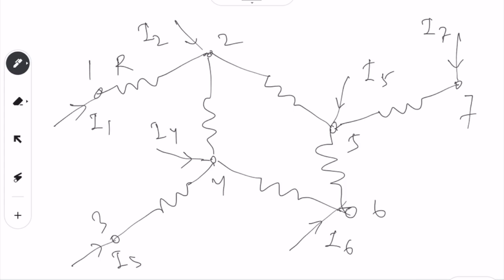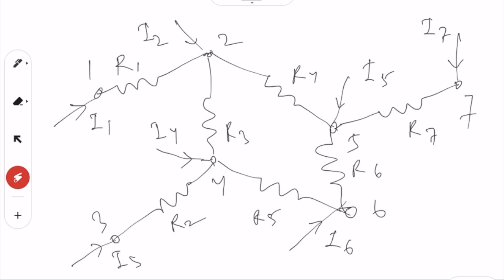Now resistances also, let us say this element number 1 is R1, you can say this is R2, this is R3, R4, R5, R6 and R7. So what you see here is 7 elements, 1, 2, 3, 4, 5, 6, 7.